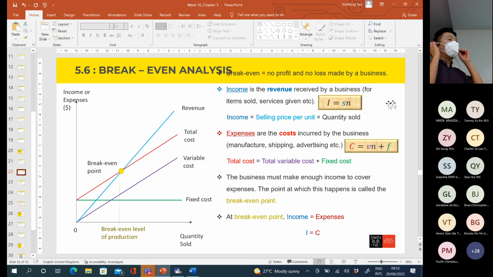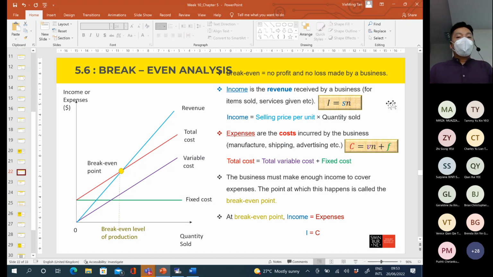So what is the meaning of fixed cost here? Fixed costs are the costs that occur consistently, at the same level, no matter how many units a businessman produces. It could be 0 units, 100 units, 1,000 units, but the fixed cost always occurs at the same level.